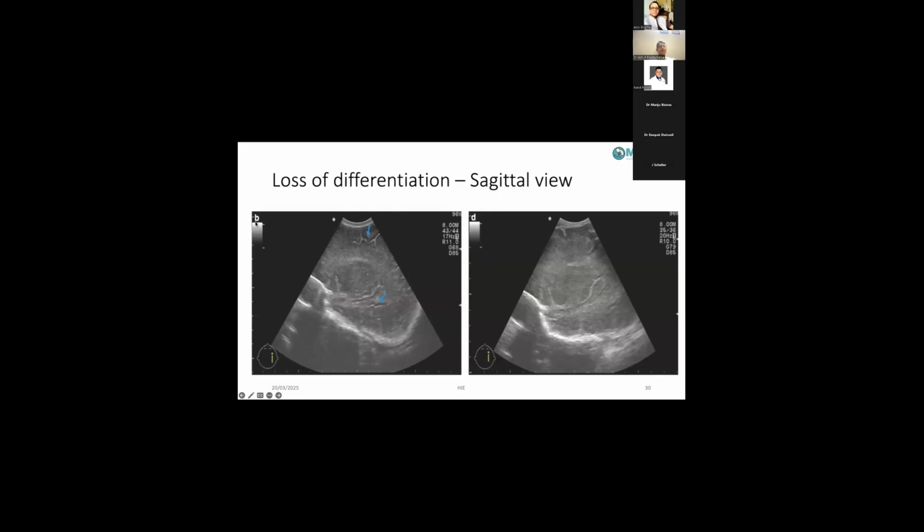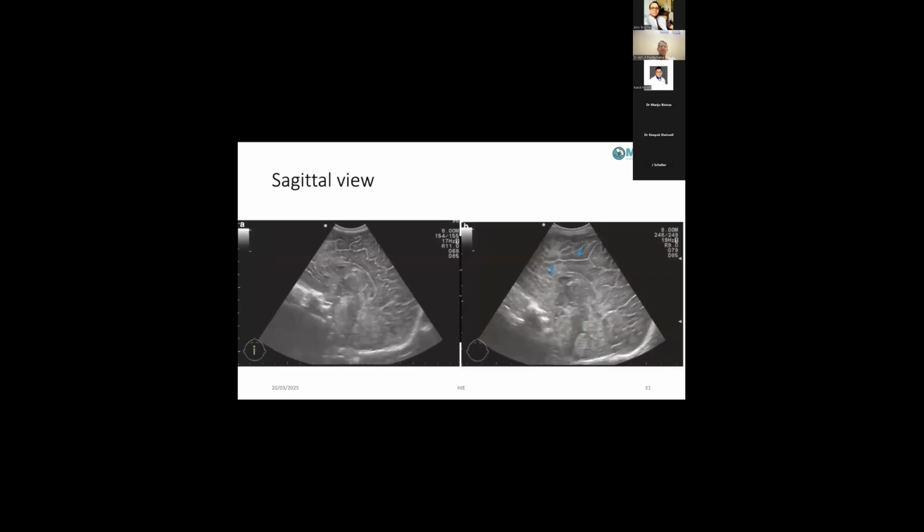In this particular machine it does it automatically, but nowadays we do get machines where we can change where you are focusing. So it shouldn't be high up, it shouldn't be down below here. You should be focusing on the area of interest. Make sense? I'm not sure if I'm making sense. So the basal ganglia area, the watershed areas, is where you want to keep the ultrasound focus. Okay, we'll come to that again.